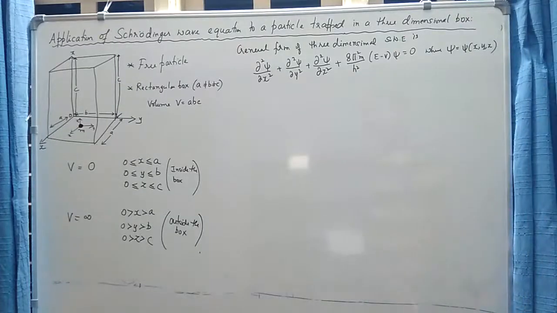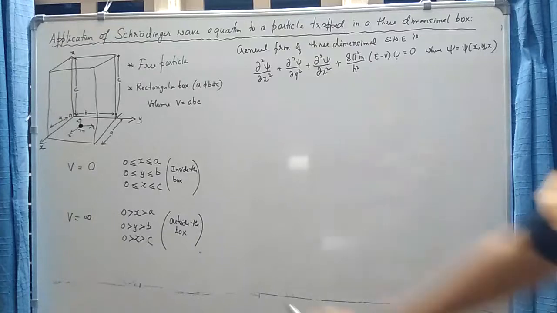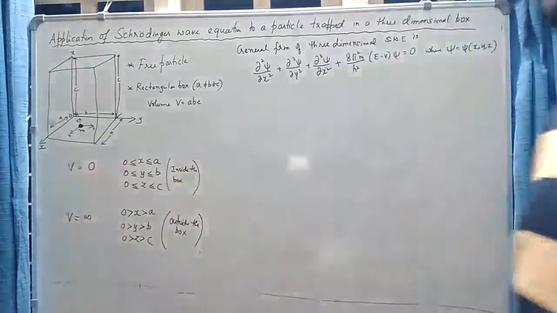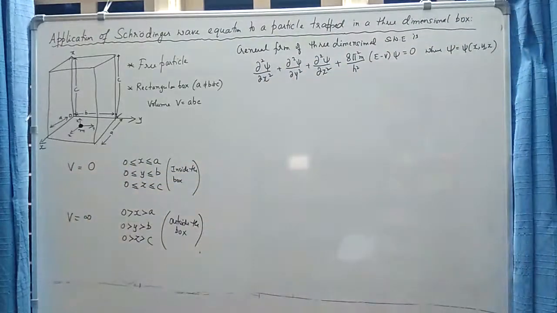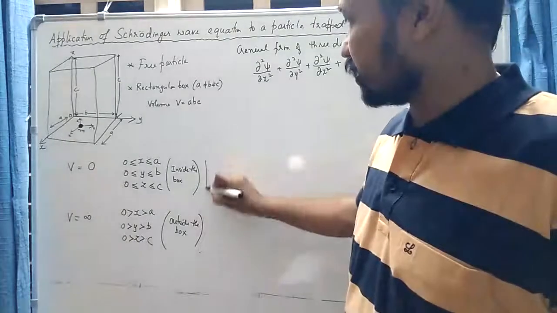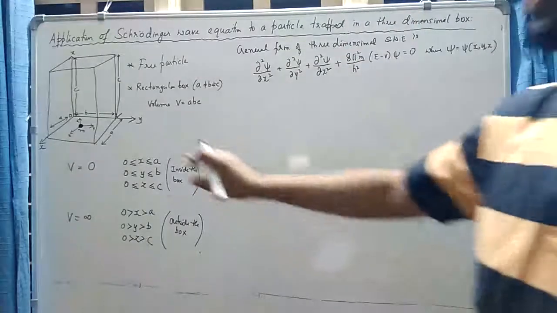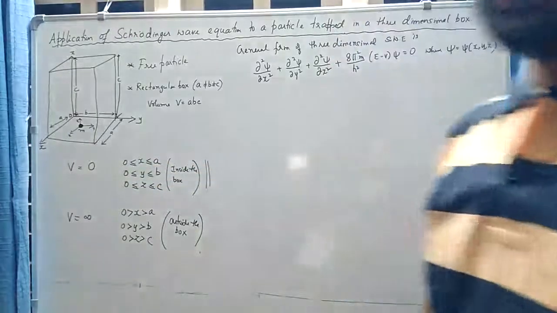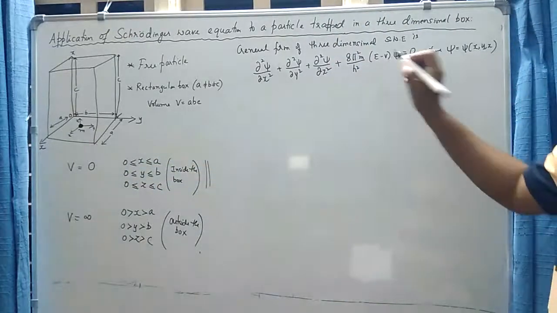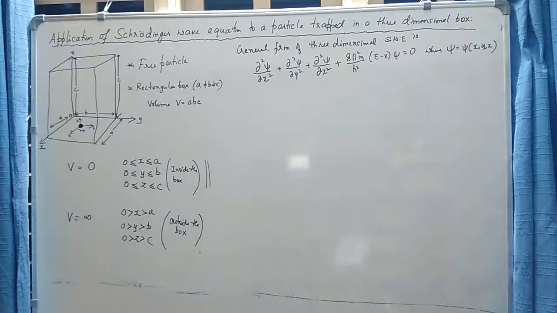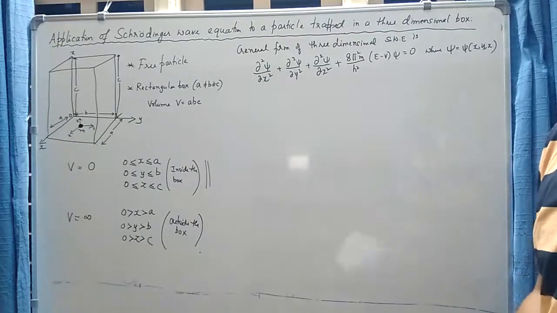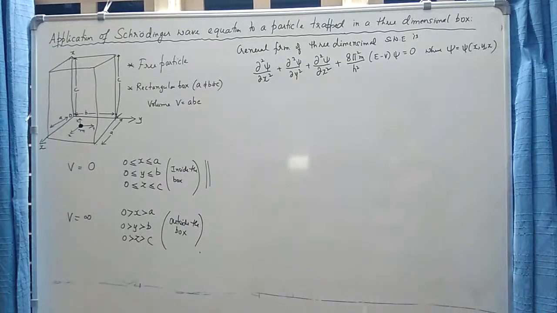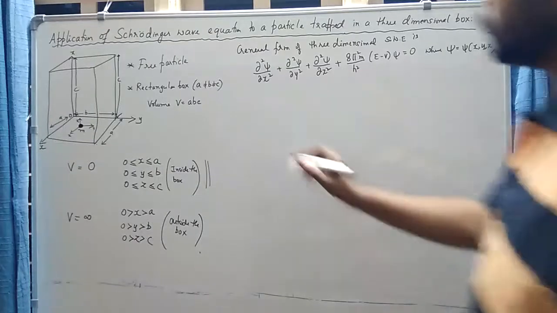Now let us apply the condition that is applicable for the three-dimensional box. What is that condition? As shown here, inside the box the potential energy of the particle is 0. If I insert the condition V equal to 0 here, then it is possible to write the corresponding Schrodinger wave equation for a particle in a three-dimensional box.